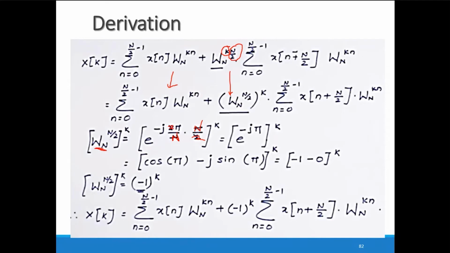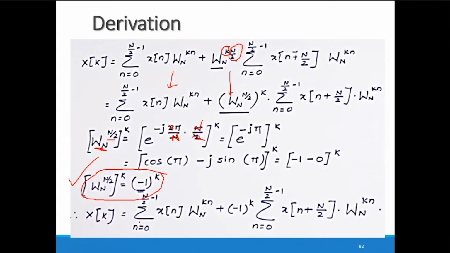Then the term is N by 2, so we multiply this term with N by 2 and raised to k. When you simplify this, you get e raised to minus j pi raised to k. When you expand this, that is cos pi minus j sin pi raised to k, that is nothing but minus 1 minus 0 raised to k, which is represented by the value minus 1 raised to k.